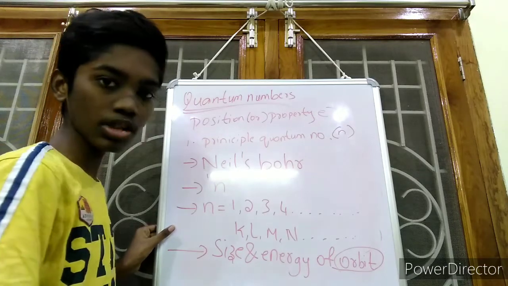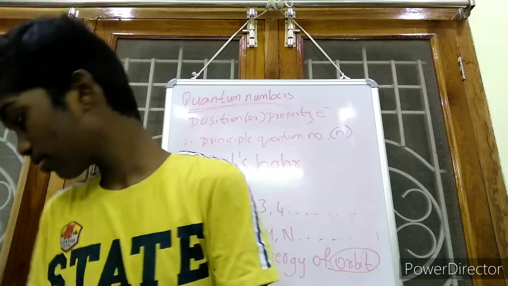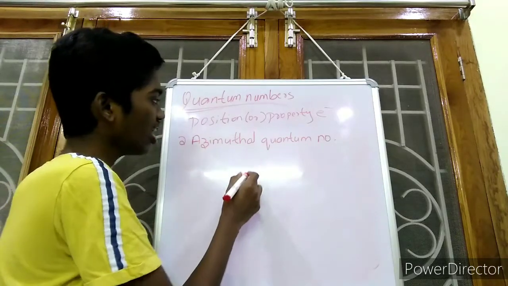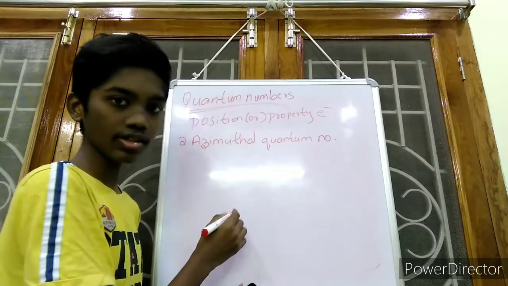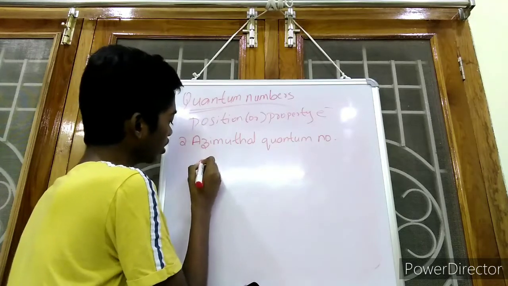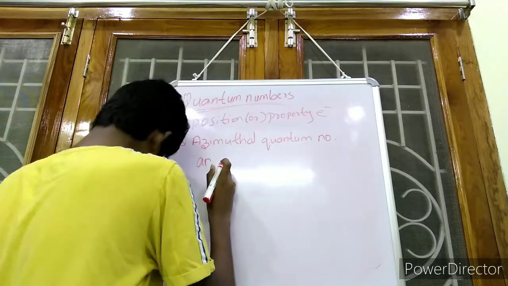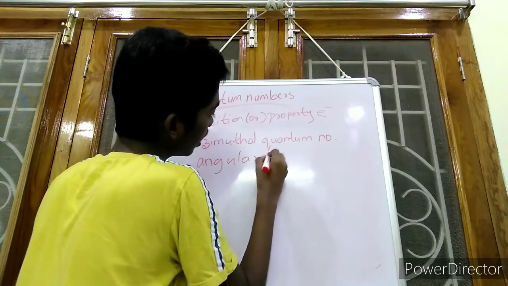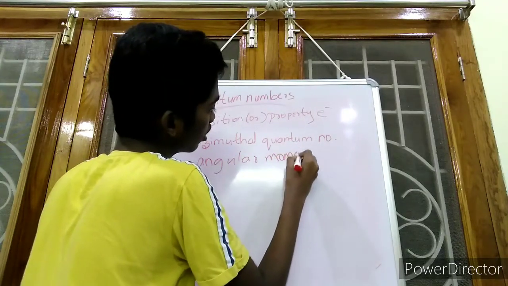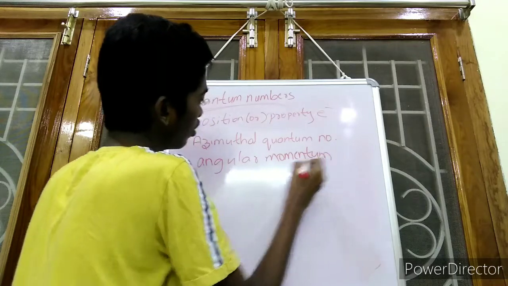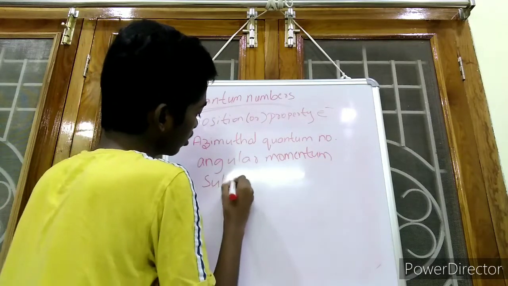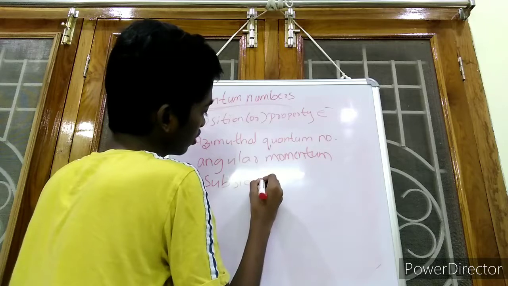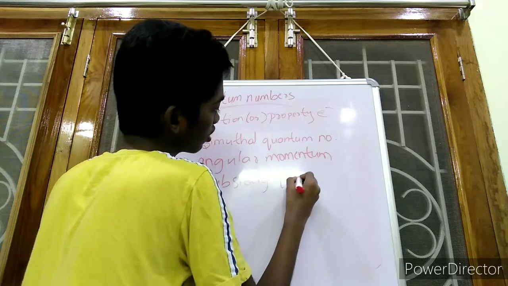Now coming to the azimuthal quantum number. The azimuthal quantum number has two other names. They are angular momentum quantum number, or it is also called the subsidiary quantum number.